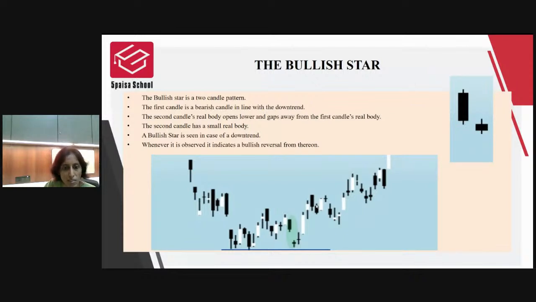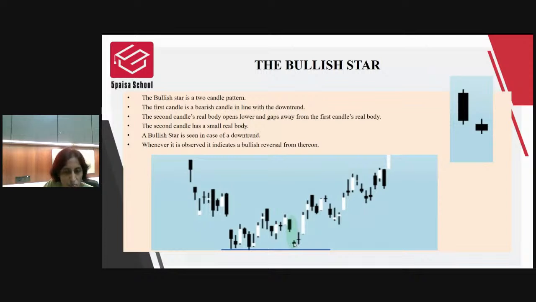A bullish star is seen in case of a downtrend. From there on, you look at the next day's candlestick. What do you see? The opening price and the closing price of the next day are above the real body of the second candle.